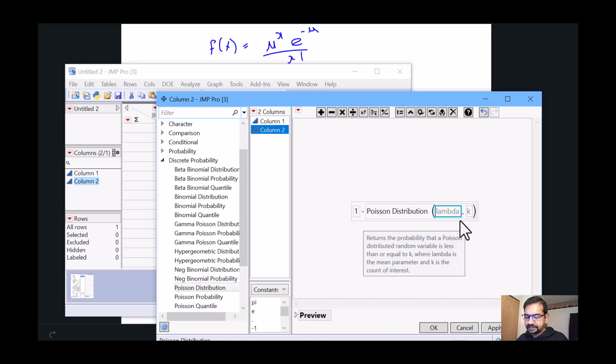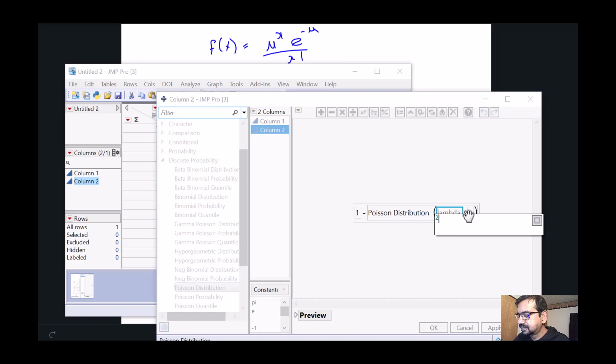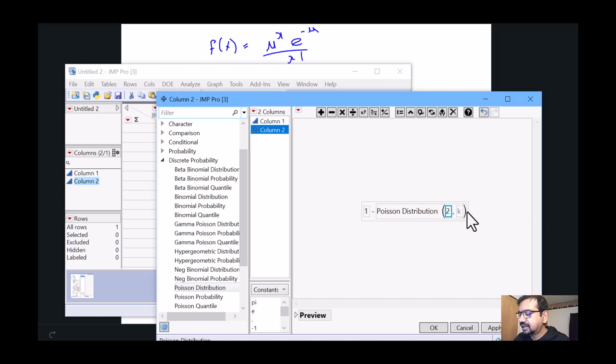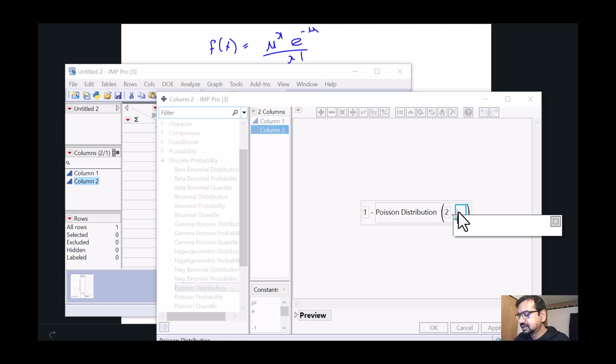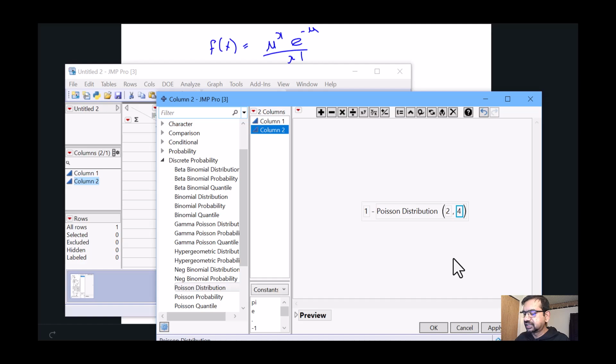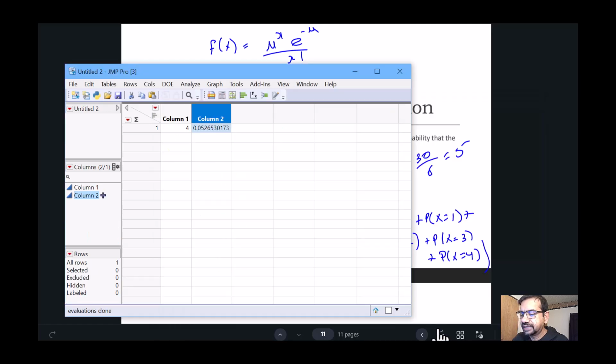Lambda or mu, our expected value, our mu is 2. And we want it up to 4 successes or 4 emails. Again, this is cumulative, so this will look at 0, 1, 2, 3, and 4. We click OK. So what we now get is 1 minus the cumulative distribution.